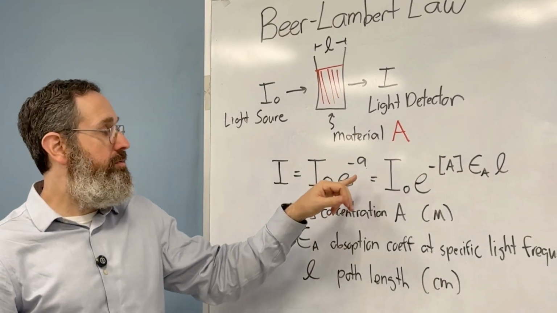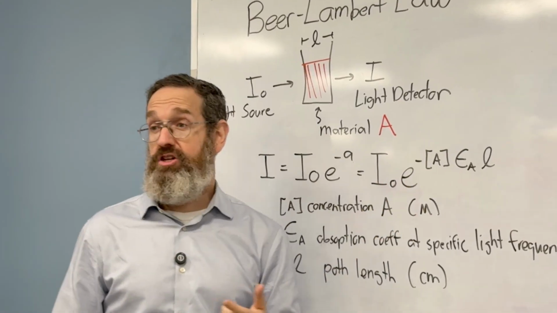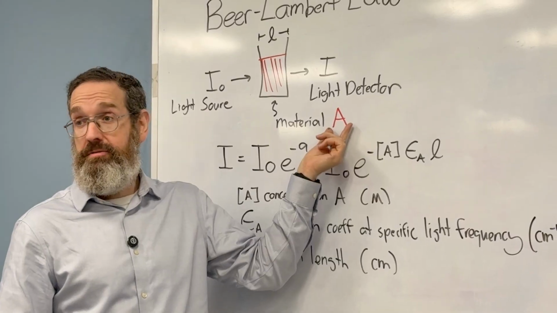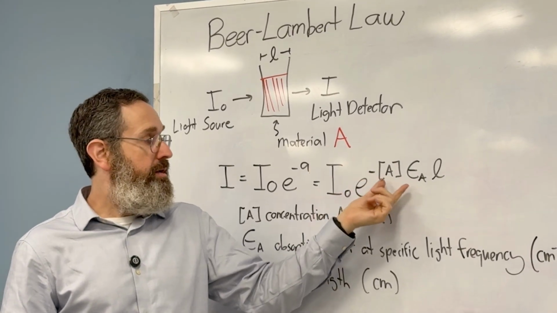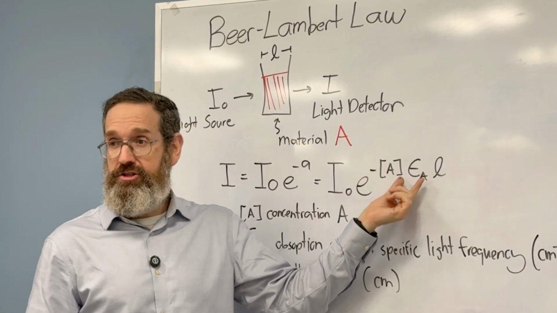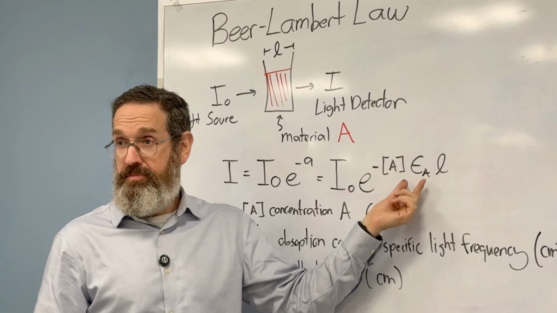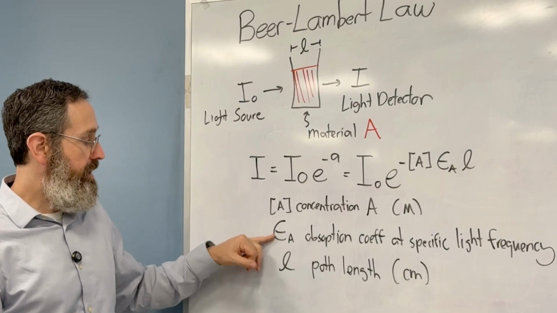Now, what's useful is Beer-Lambert tells us what the absorption is. It's the concentration of material in here, like moles per liter, times the extinction coefficient, or absorption coefficient, which is a constant, a number like 3, times the length. So you have concentration, epsilon, and L.